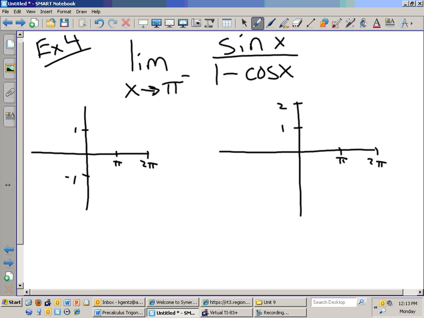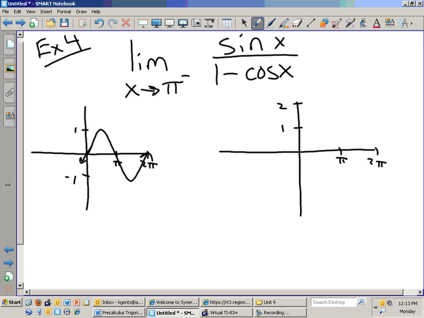This is the limit as x approaches pi from the negative side. And so if you look at this graph, sine of x looks something very similar to that. That's what sine of x looks like. And 1 minus the cosine of x looks like this.